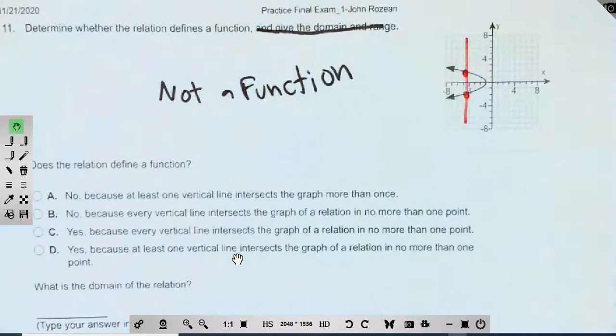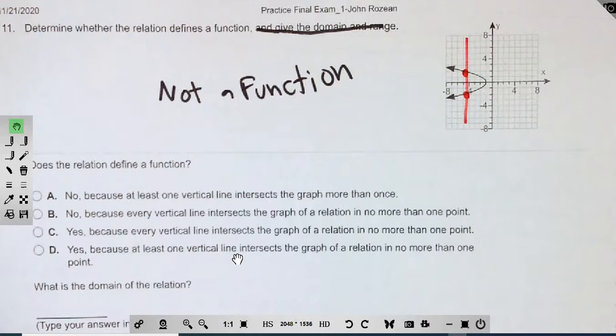But what you have to be careful with, again, is the language when it comes to describing what a function is. As I said, you're going to have a multiple choice situation here.